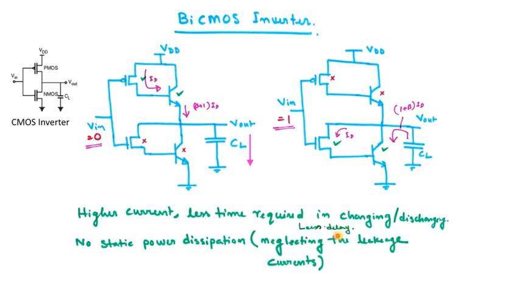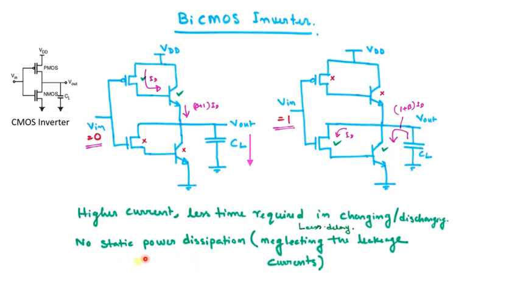Okay. What about the other aspect regarding the power dissipation? Is there any static power dissipation? The answer is no, right? Because when this block is on, this block will be off. When this block is on, this block has to be off. So again, there is no direct path from this VDD to ground at any moment, right? During static situations.